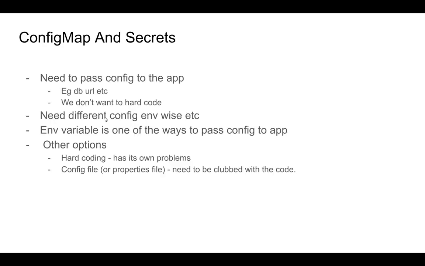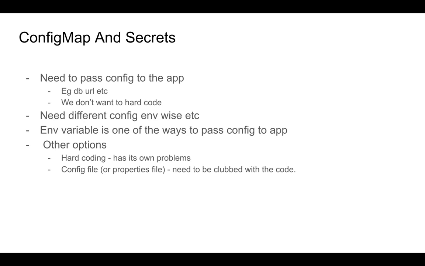So we have our applications, whatever application we develop. For most applications we need to pass some configurations. What are those configurations? For example, you want to pass a database URL because it will be different in dev, QA, and production, or user ID, password, some certificates, or things like this.